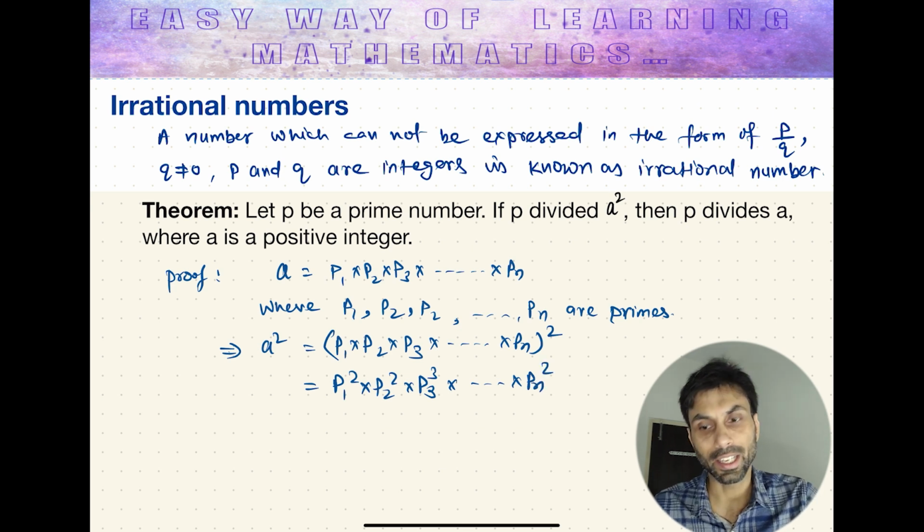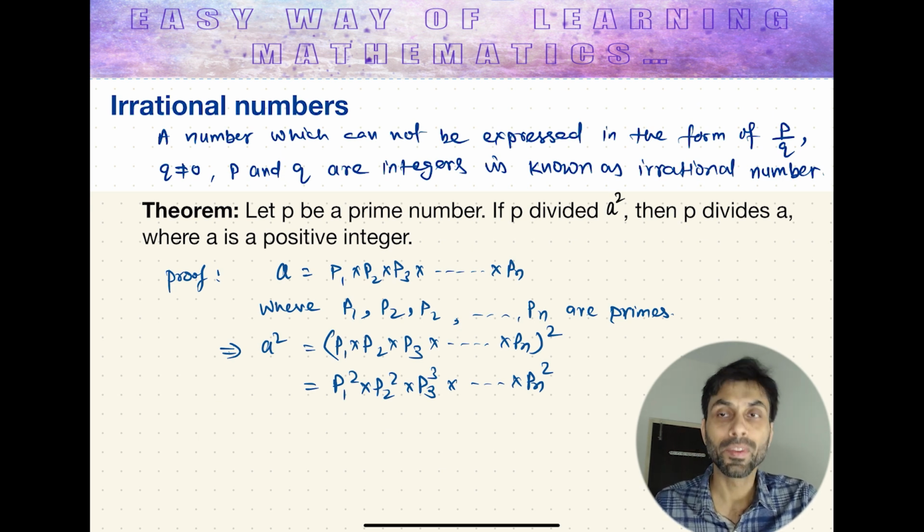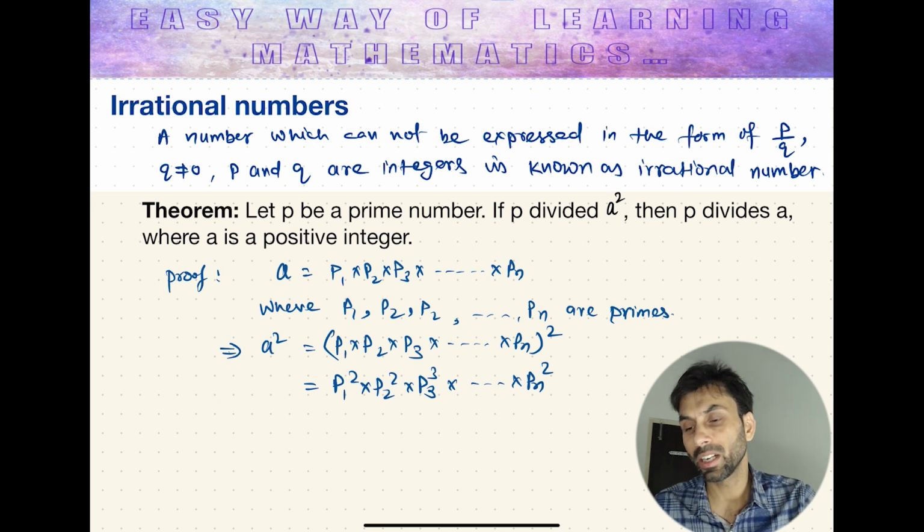Now what we see here is, even if you square, our prime factors do not change. That means whatever were the prime factors of a, the same prime factors are there for a square also.